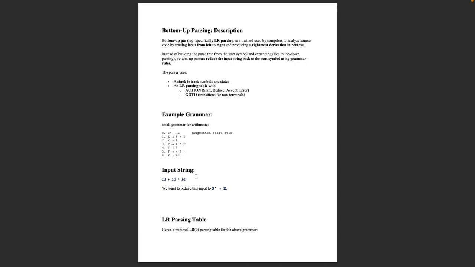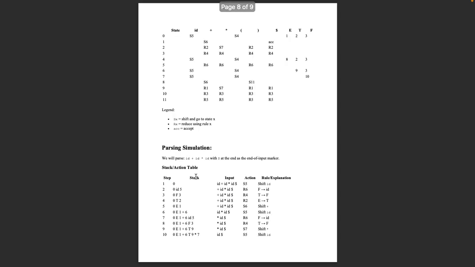This continues step by step, using shift tokens, reduce using rules until we finally reach just E on the stack and the input is done. That's when the parser says accept and the input is considered valid. And this is shown in the example as you see here on the table.